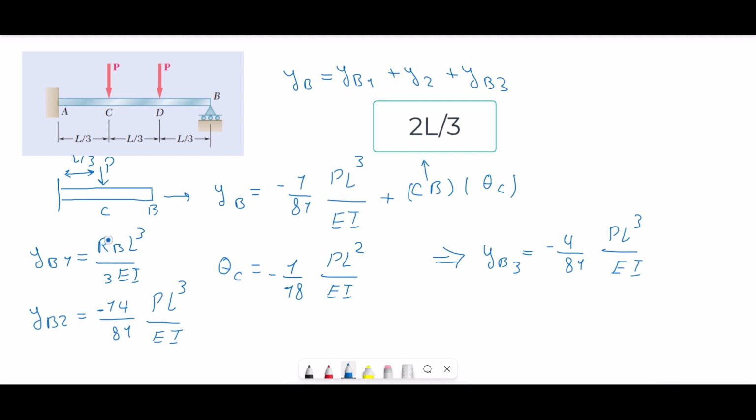because we are going to find the reactions in this beam.